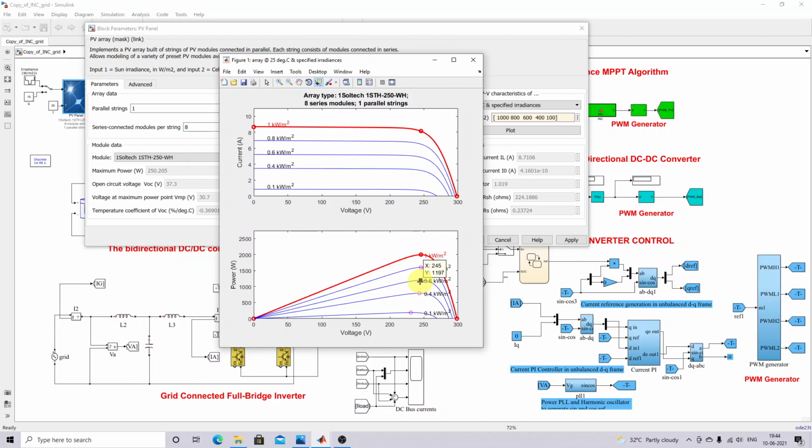For 600 watts per meter square it is around 1197, and then for 400 watts it is around 799.91. Okay, for 100 watts per meter square the power is around 187.8. Okay, so this is the variation of peak power of the solar panel with respect to change in irradiation.